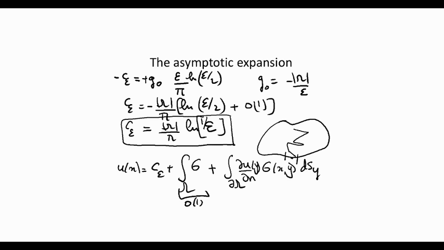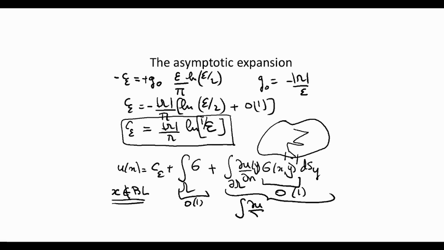Now this C epsilon, if a point x does not belong to the boundary layer, and this is very important, the Green's function here becomes of order 1, right, with a fixed sign. So finally the entire term here can be written as du dn, which is order 1, multiplied by d omega, and by definition this is the integral of Laplacian u, which is minus omega, which is bounded, right?